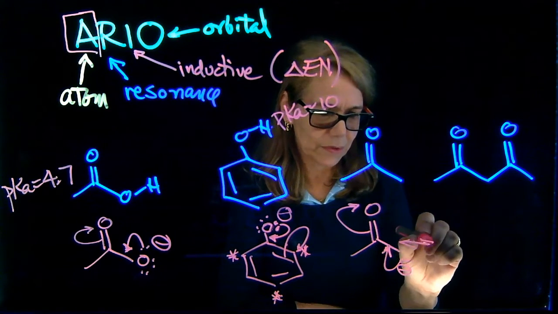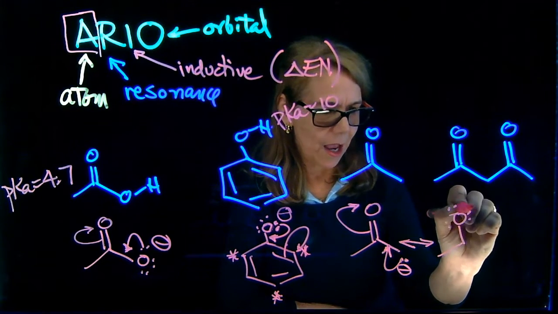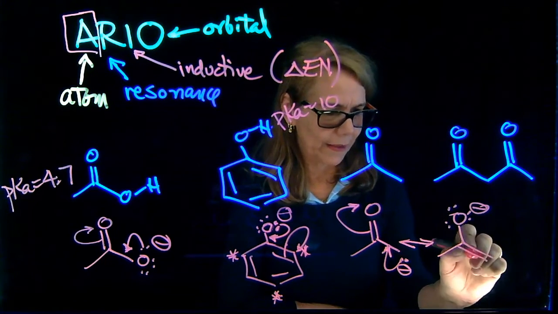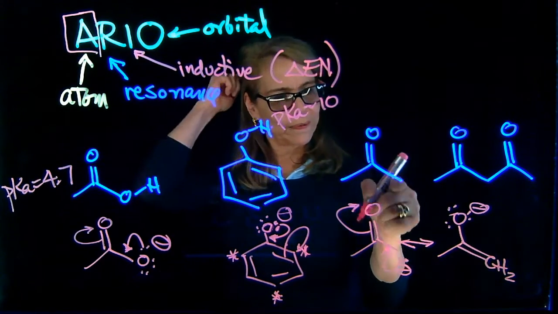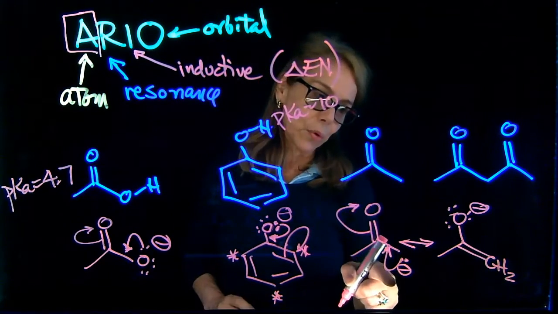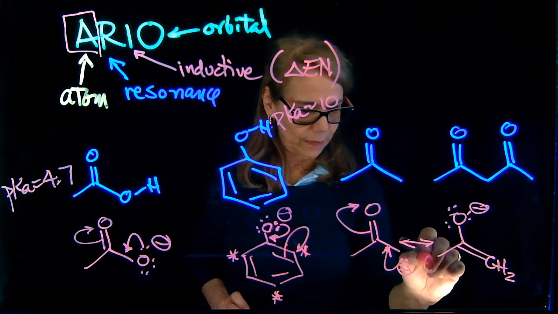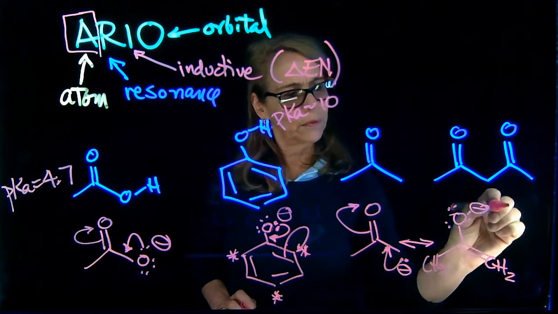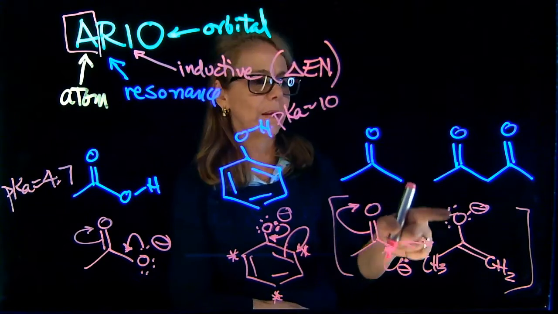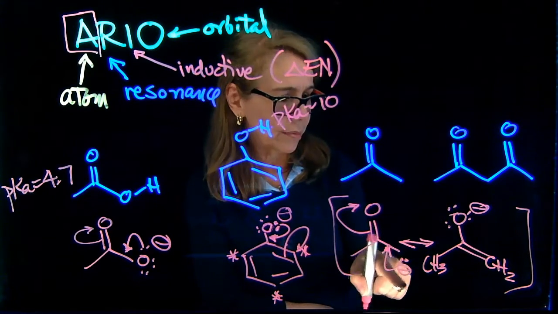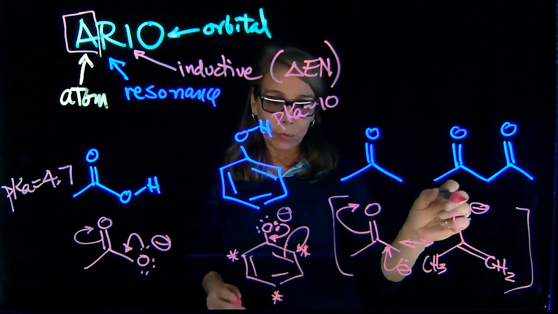The resonance structure here places the charge on the oxygen, and that is a CH2. Just to remind you, that was a CH3. After removing the hydrogen, that became a CH2, right? So those are my resonance structures. It does have resonance, but here charge on a carbon, charge on an oxygen, so that will contribute more to the hybrid.